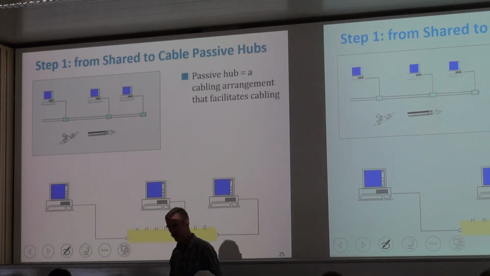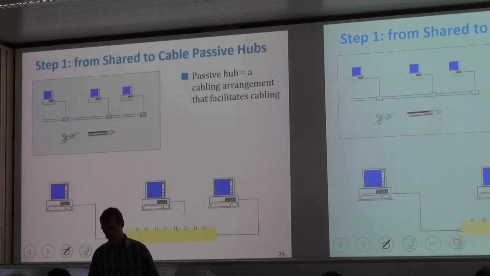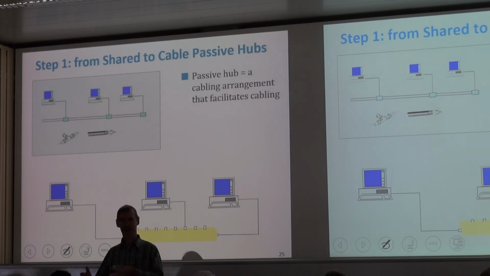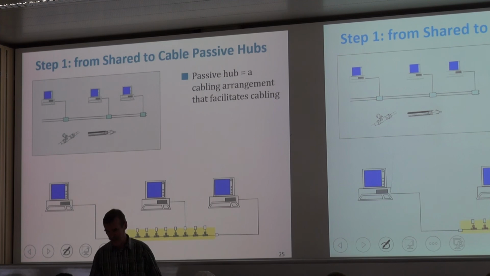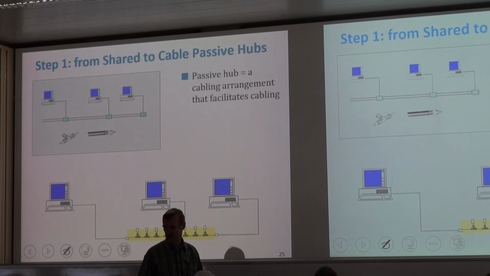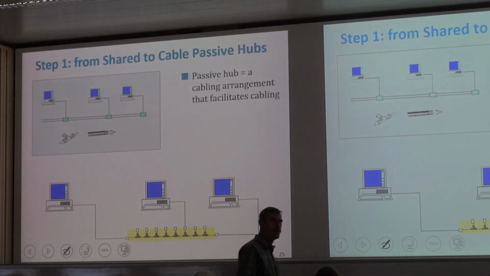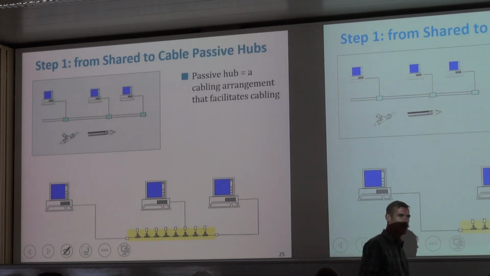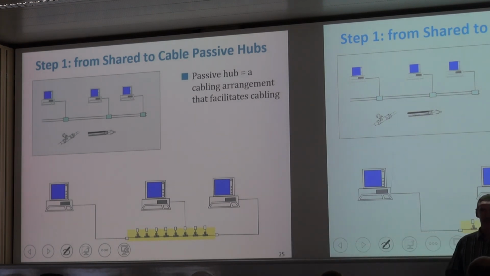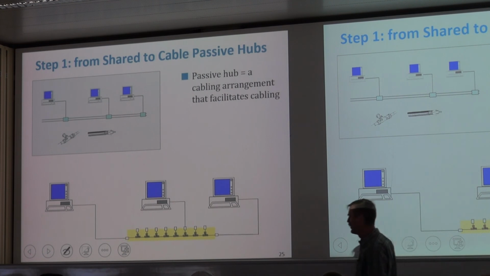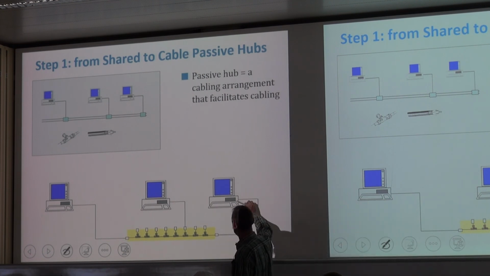You don't drill wires in the wall to pull a cable. So what you do is a more organized thing. One of the first things that people did, companies like IBM, DEC, and so on, when they sold the same idea to companies, they invented a box called the passive hub, or the hub, which is a place where all the cables terminate. So instead of having this big cable that you connect to, your computer connects to a cabinet, typically in a corridor in a basement somewhere.